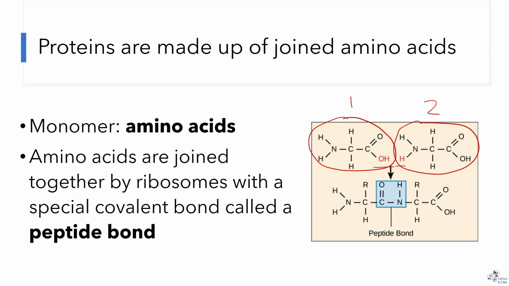And once again, there's that water molecule that we'll be able to break apart or pull out of it. Dehydration synthesis is going to happen. We're going to bond the carbon and the nitrogen together as a result, and that water molecule is going to be a waste product. And we end up with our peptide bond in between, linking the two amino acids together.